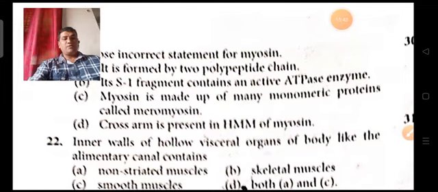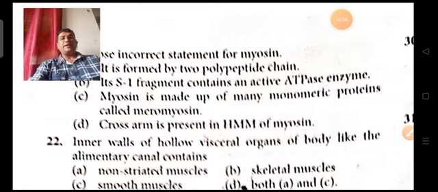Myosin of the muscle is approximately 55 percent by weight, and this molecule is generally composed of six polypeptide chains: two identical heavy chains and four light chains.